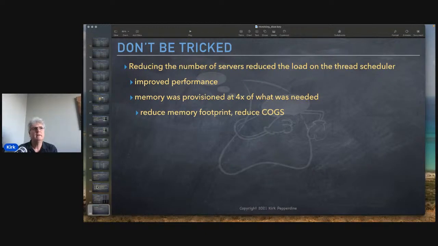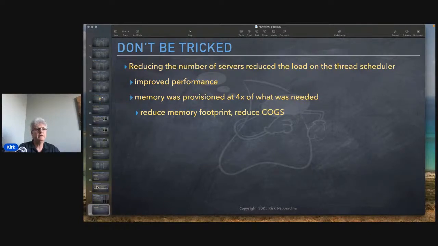To give you an idea about how entrenched some people can get in some ideas, and this is not just for this team, I've seen it happen in many other teams also. As soon as they recognized that they could reduce the memory footprint of their virtual machines, their first response was, oh, that means we can put more virtual machines on a piece of hardware.